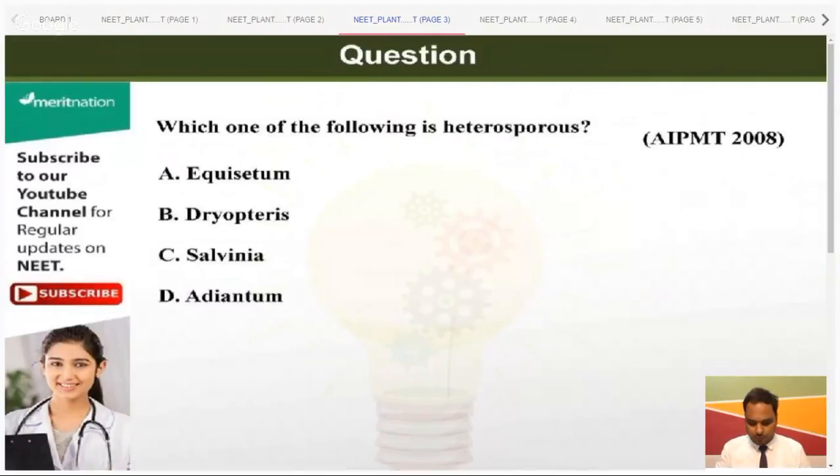Right, all of you, which one is heterosporous? Meghna said it's C. Some people said A, Shagun said C. Nagma, Gurpreet, Pradeep. Pradeep said A. Now more people are saying C than A. That's great. This is a very common question from pteridophytes.